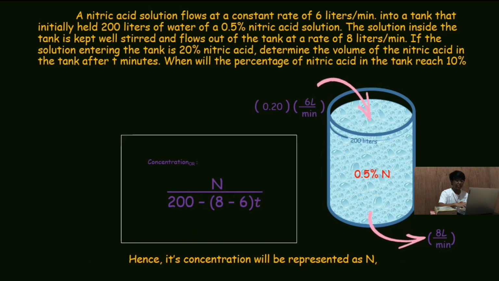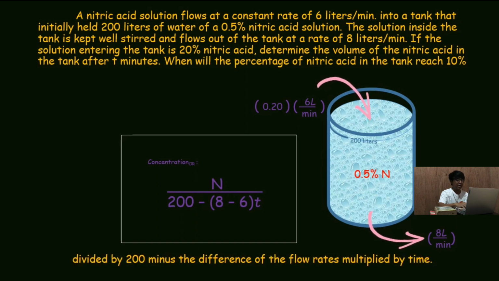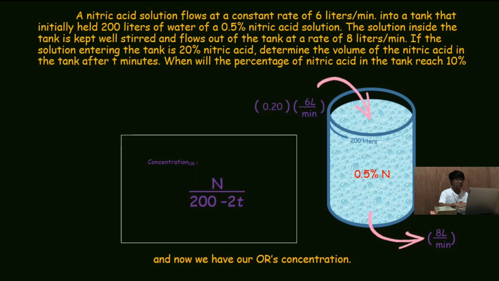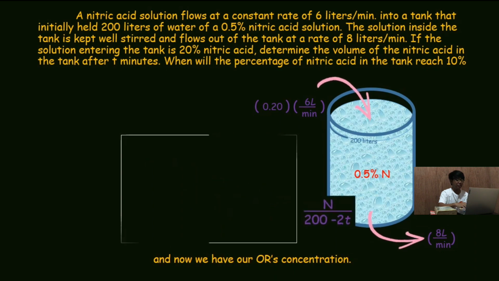Hence, its concentration will be represented as N divided by 200 minus the difference of the flow rates multiplied by time. We simplify this and it becomes 200 minus 2t. And now we have our OR's concentration.